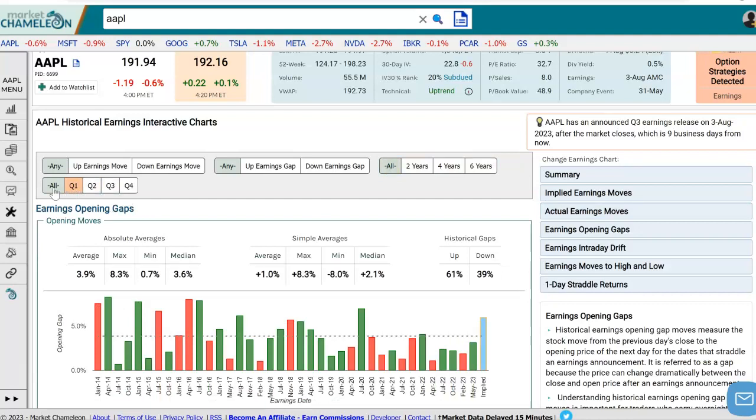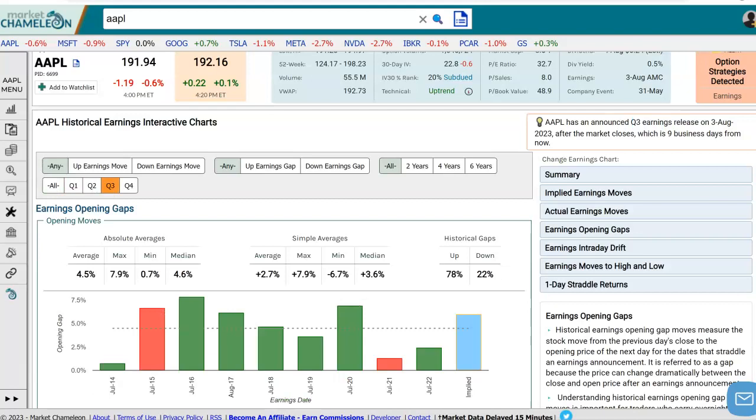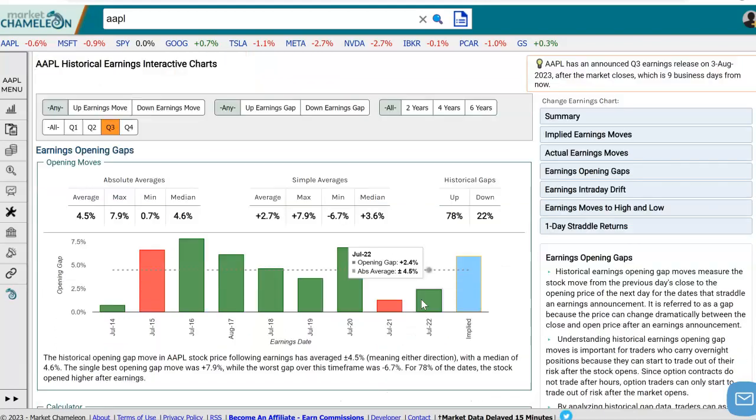If you wanted to look at a particular quarter, for example, Apple's about to report third quarter earnings, you could come over here, select Q3, and then all the stats and the data will display the information for third quarter earnings. Remember, this is only looking at opening gap moves.